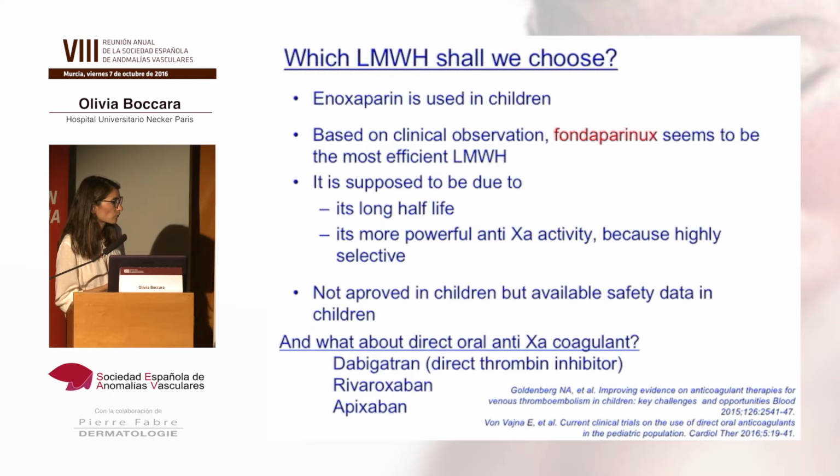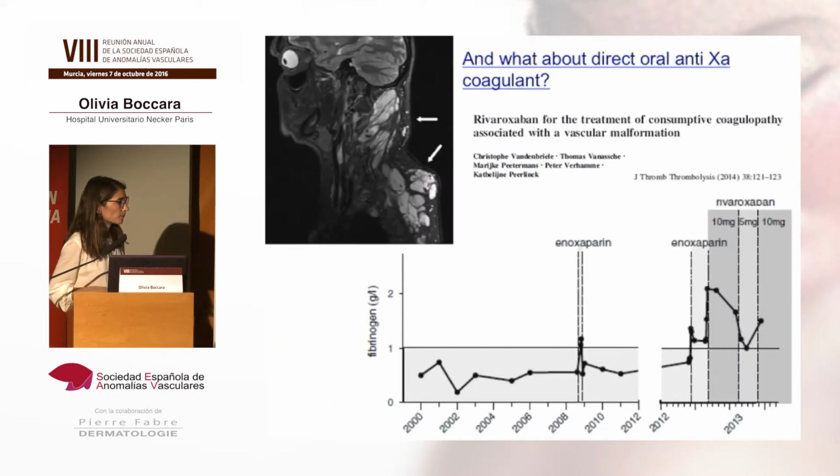So Juan Carlos told you a little bit about direct oral anti-10A anticoagulants, such as dabigatran, rivaroxaban, and apixaban. The data about the efficiency of those direct oral anticoagulants are quite few.